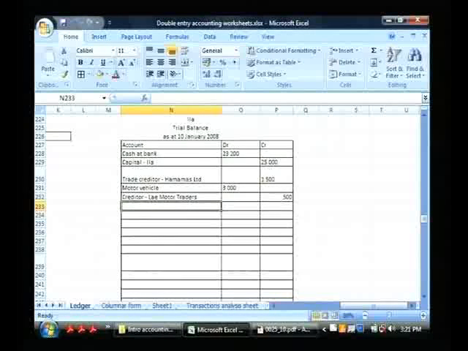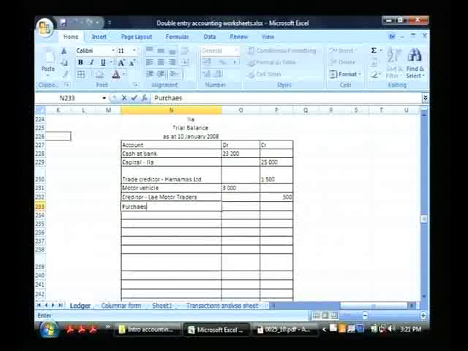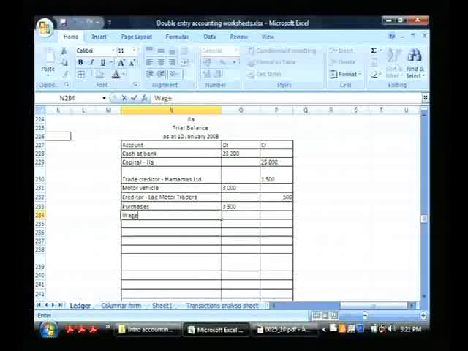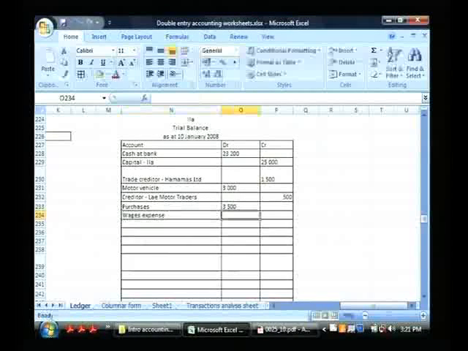Next, purchases account shows a debit balance of 3,500, and wages expense, $300 debit.